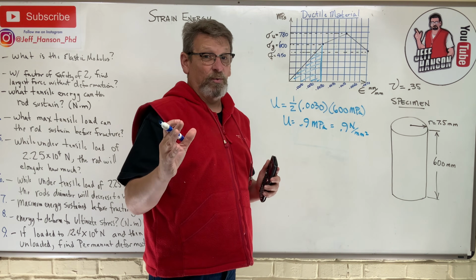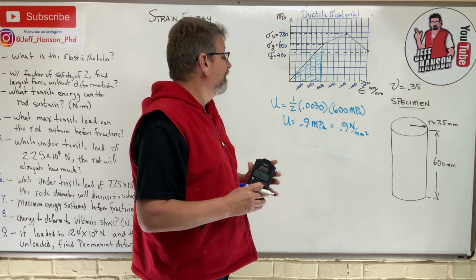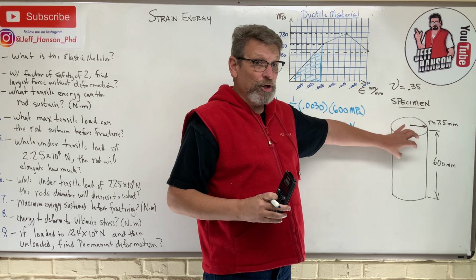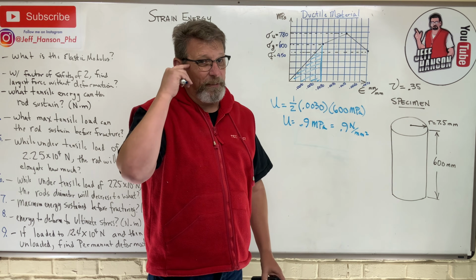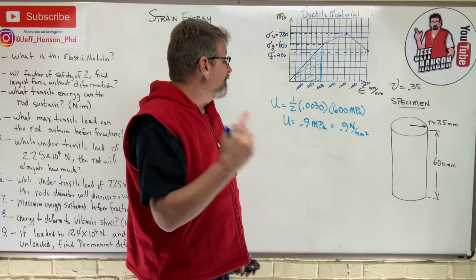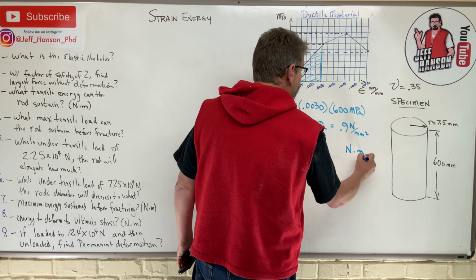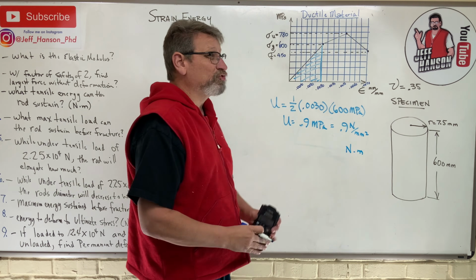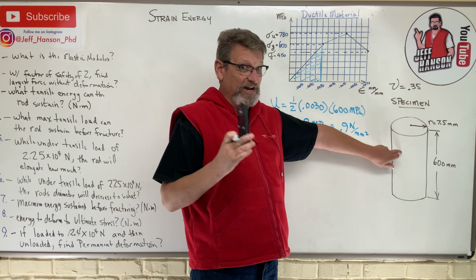Now, let's say that we wanted the strain energy density, right? And that is how much strain energy per unit volume do we have over here? And really, if you're really sharp here, you can figure this out. You know that the units have to come out in something like Newton meters, right? So how much strain energy can this guy take with no deformation, right?